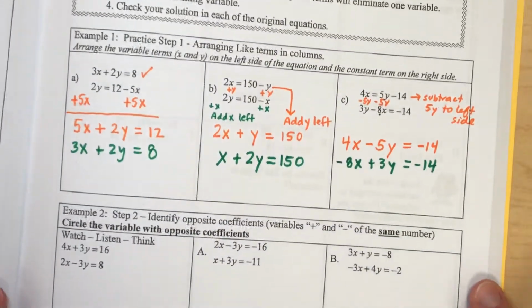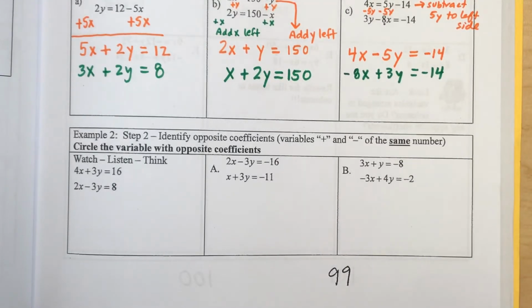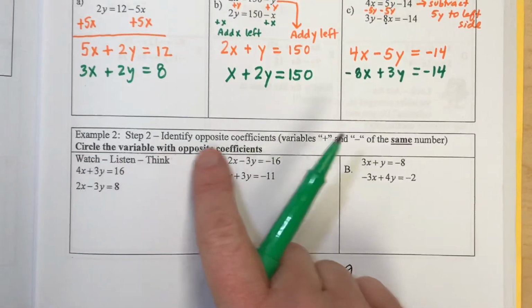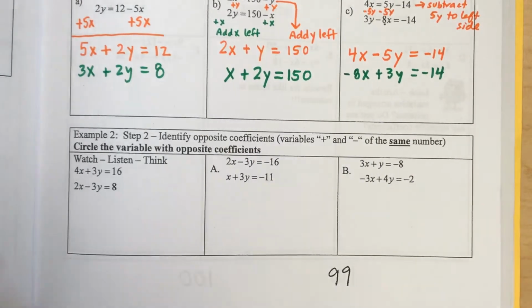Now, the second step, example 2 here, would be to identify what coefficients are opposites. So one will have a positive sign and one will have a negative sign, but they have to have the same number. And then what we're going to do is just circle the variable that has the opposite coefficients, because that's the whole key to elimination.